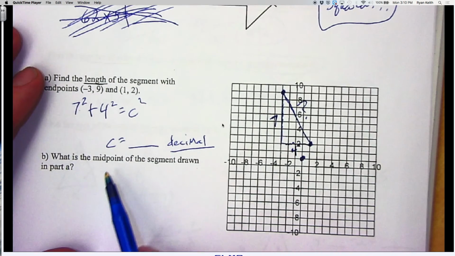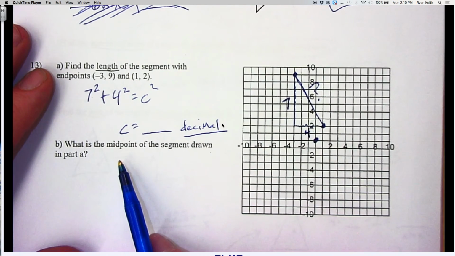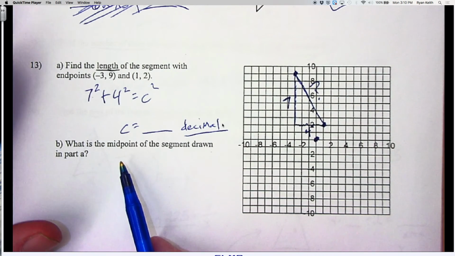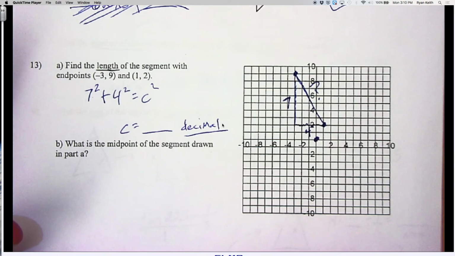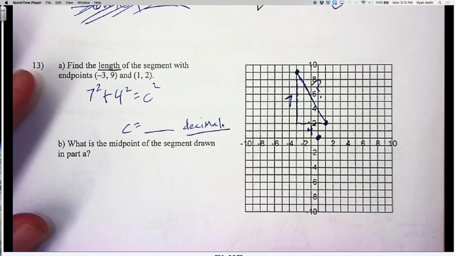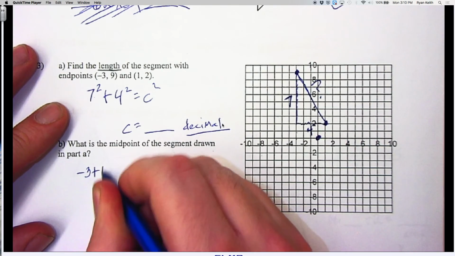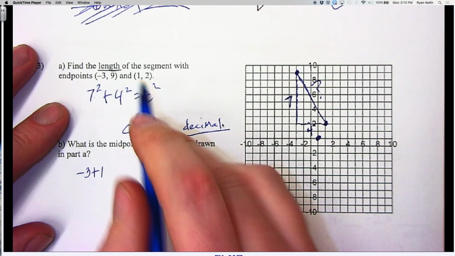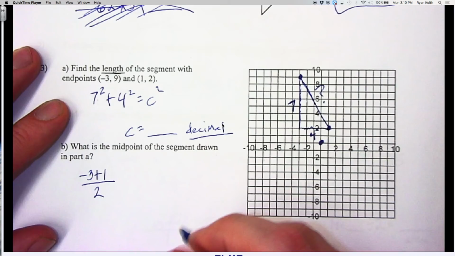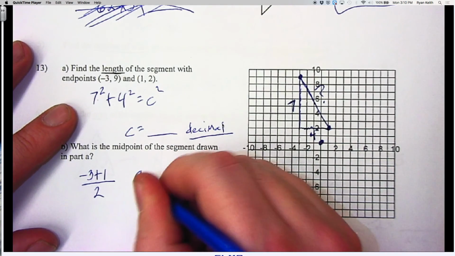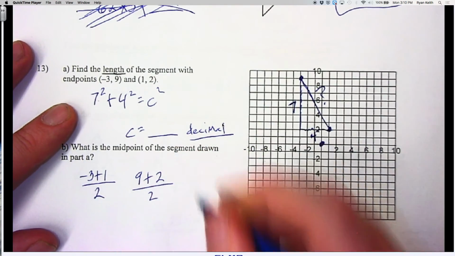And finally, we come to our midpoint formula. This goes back just 1 chapter ago. So yes, it's review, but it's review from very recent times. Midpoint, you take the x numbers, see the -3 and the 1, the x coordinates, you add them together and divide by 2. And you do the same thing with the y's.